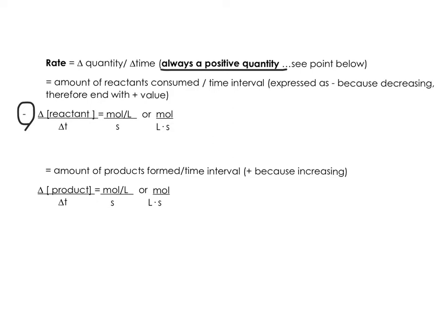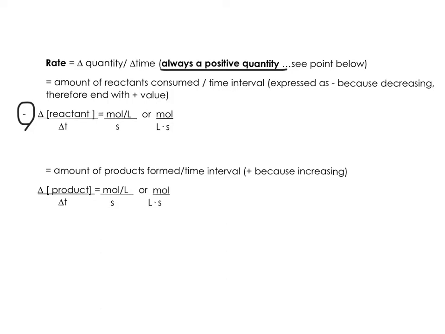That negative times a negative, because your reactant quantity will decrease, will make a positive. If you're not used to seeing square brackets, they are used to represent concentration. Our units for concentration are moles per liter. When you factor in the time, units for rate are going to be moles per liter per second, or perhaps moles per liter per minute.